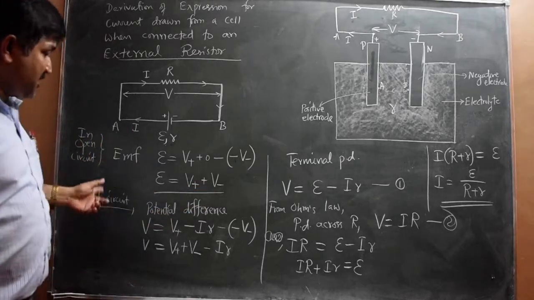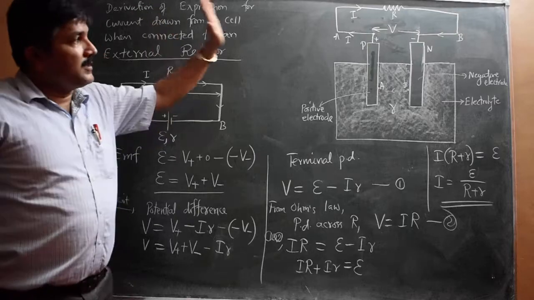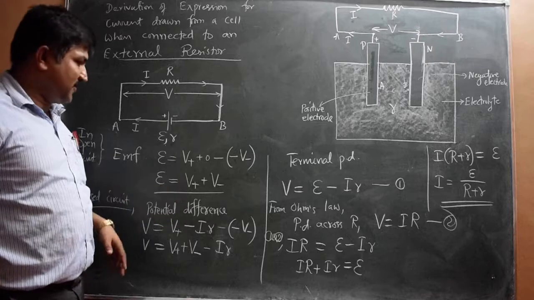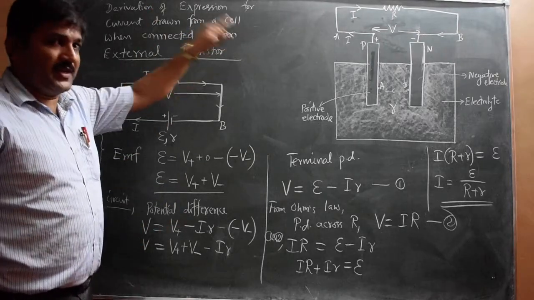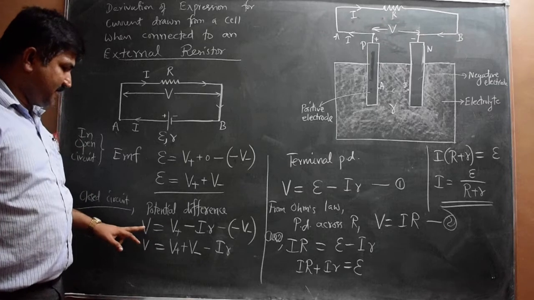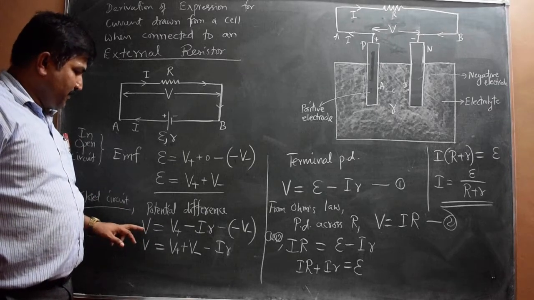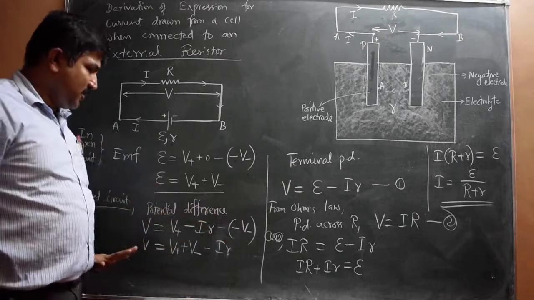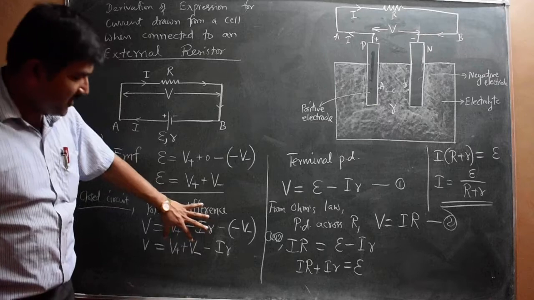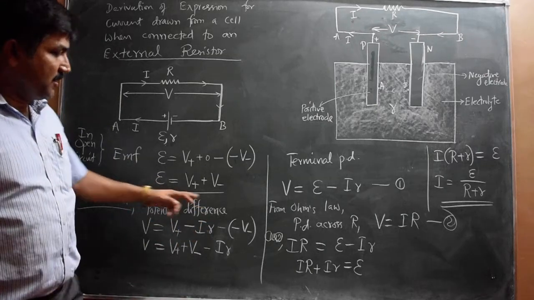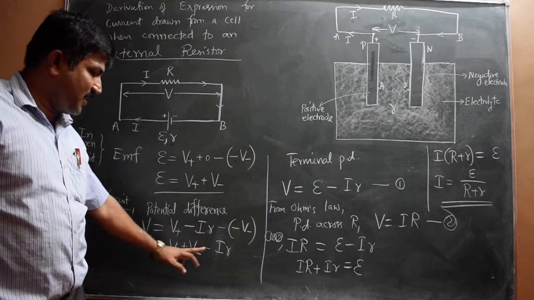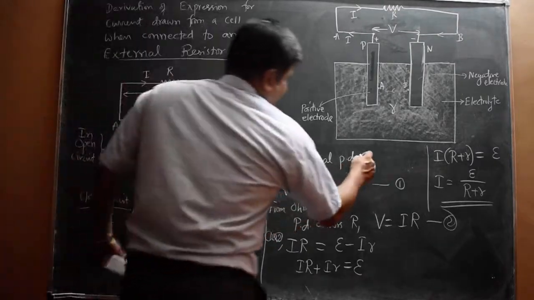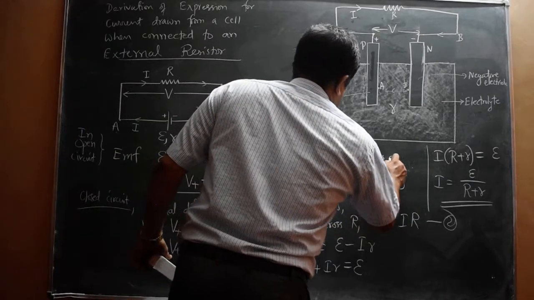Then the potential difference across the terminals of the cell, or across the external resistor, when current is drawn from the cell and the external resistor is connected, also called the terminal PD, is V equal to V plus minus Ir minus of minus V minus. The term V plus plus V minus is EMF epsilon, so V equal to epsilon minus Ir, equation 1 for the terminal PD across the cell.